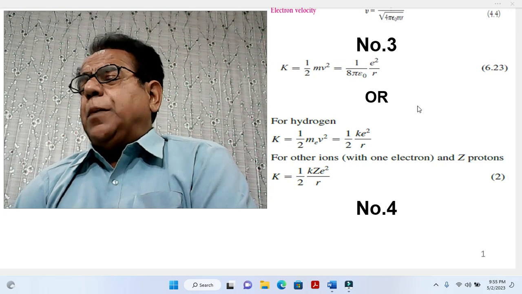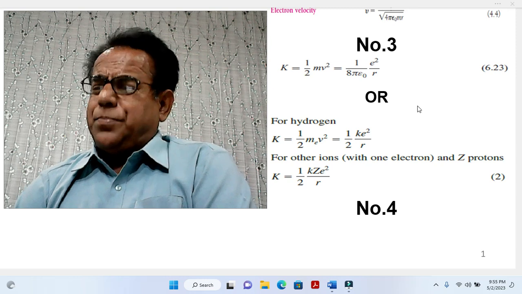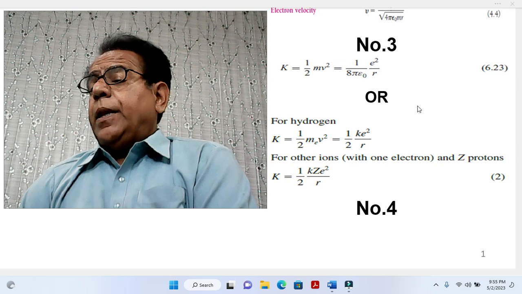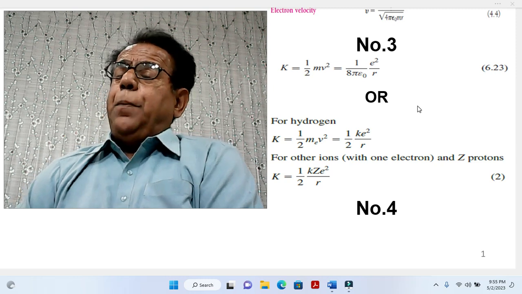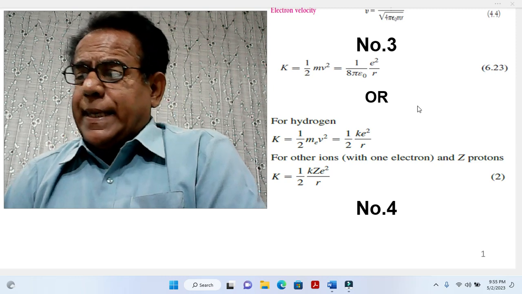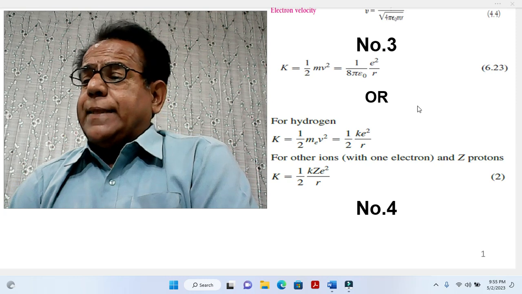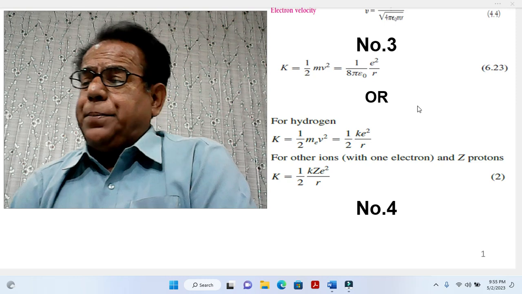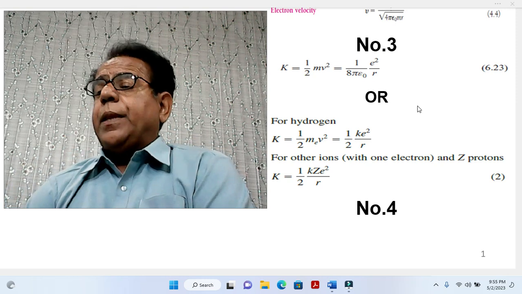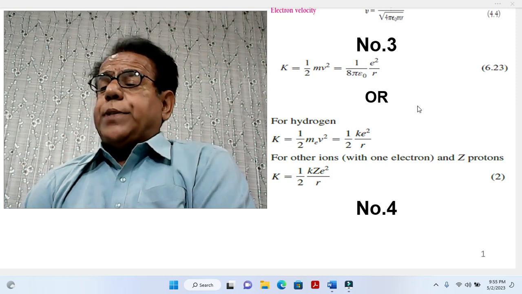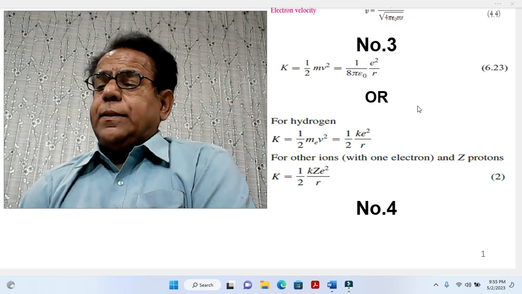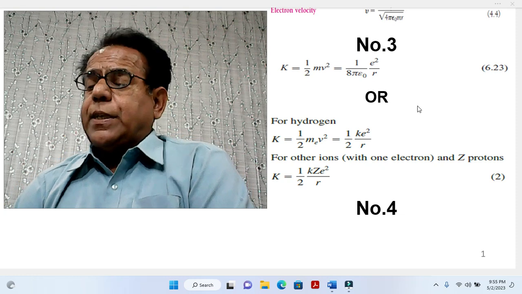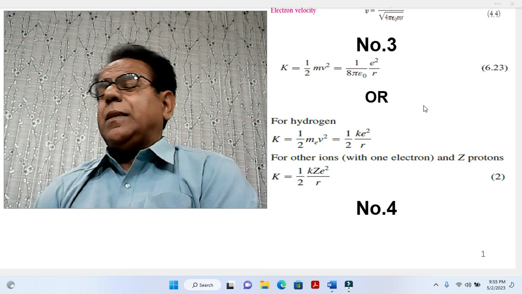The remaining part is exactly the same as in the first version. The remaining part of this alternate version says that for other ions with 1 electron and Z protons, kinetic energy becomes equal to half k, the Coulomb constant or electrostatic constant, which is equal to 1 over 4 pi epsilon naught, into Z into e square over R. I think it is enough.